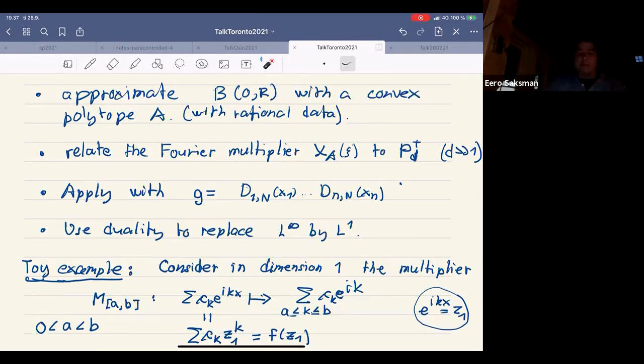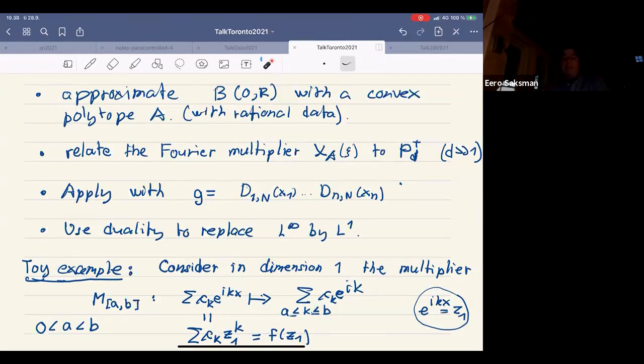And with rational data means just that the coefficients of the linear equation defining this half space are rational numbers, or equivalently you can assume that they are integers. So what we will do, we will apply the spherical Fourier multiplier, but we have to approximate it with the rational polytope.